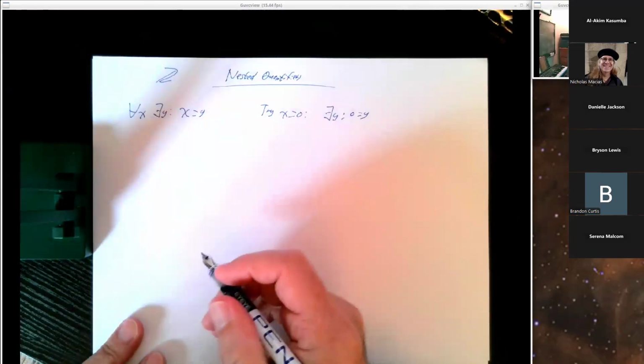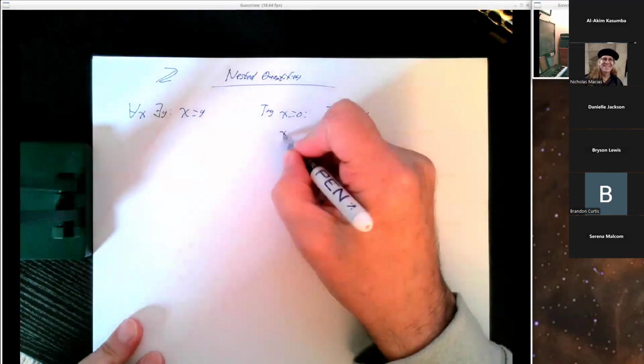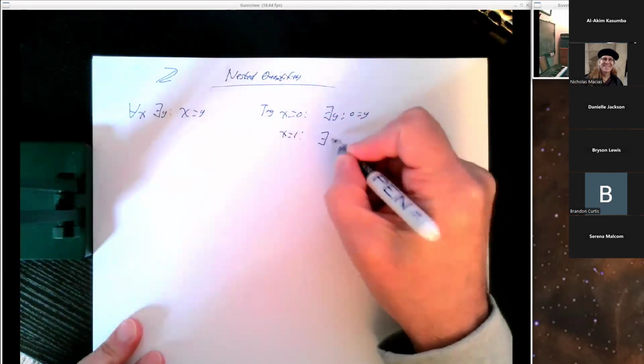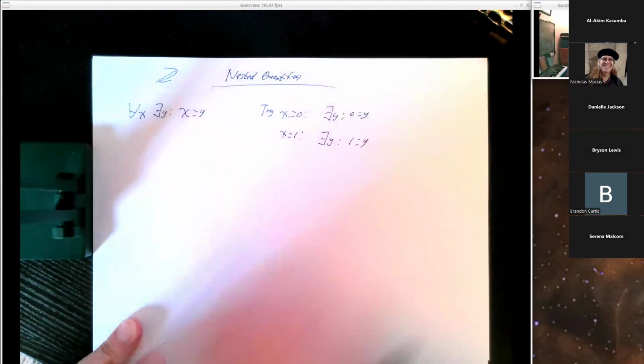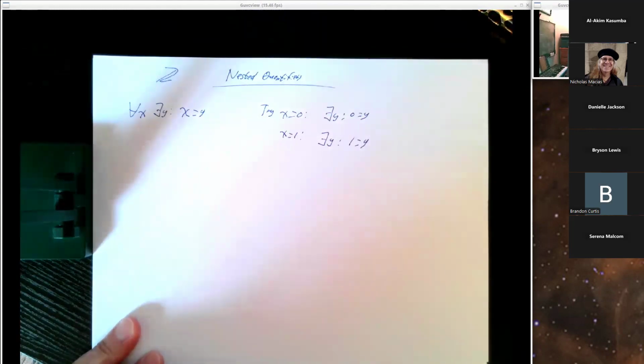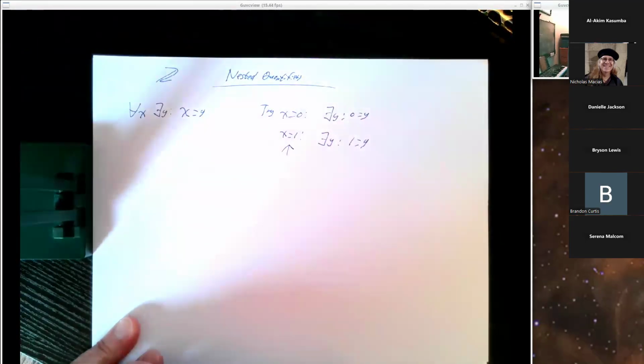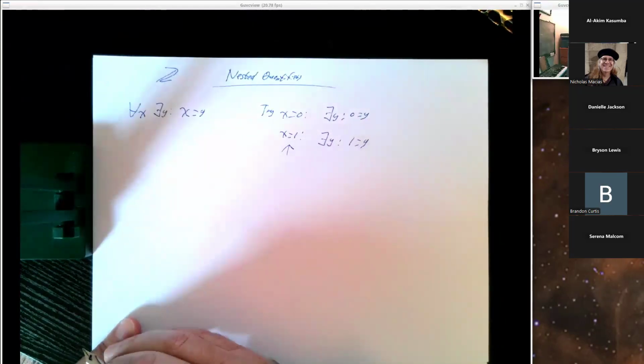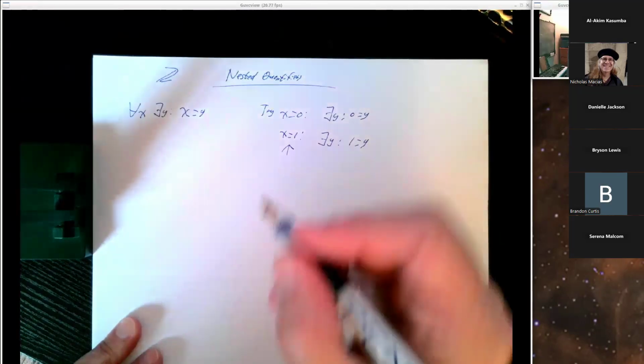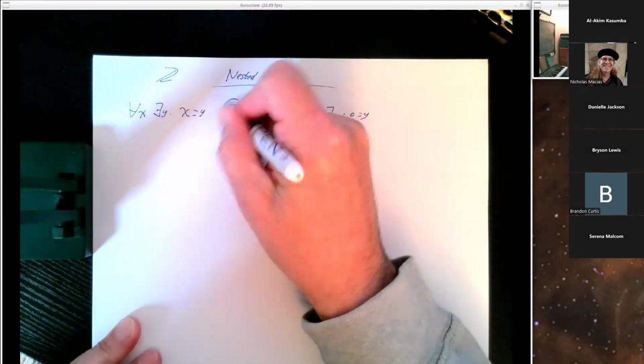Because 0 is equal to y. If I set x equal to 1, this says there exists a y such that 1 equals y. Well, there is. That would be the number 1. So it seems like no matter what value of x I pick, I can always find a y equal to x. I just have to pick y equal to x. So yes, you're correct. This is absolutely true.